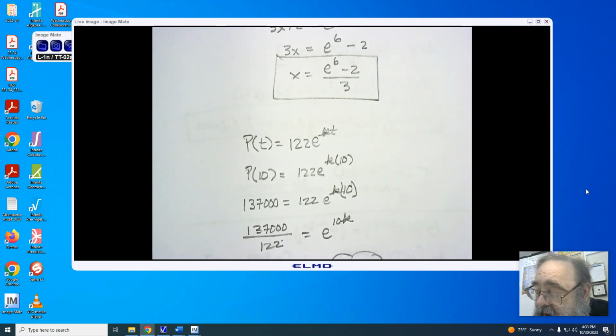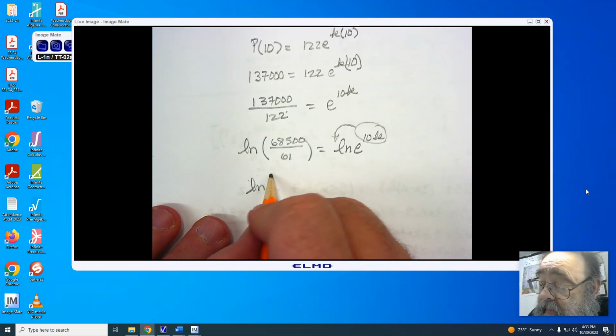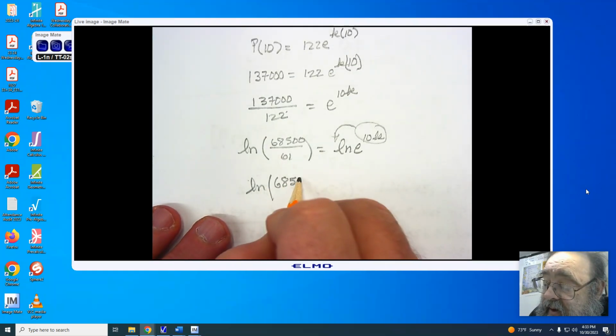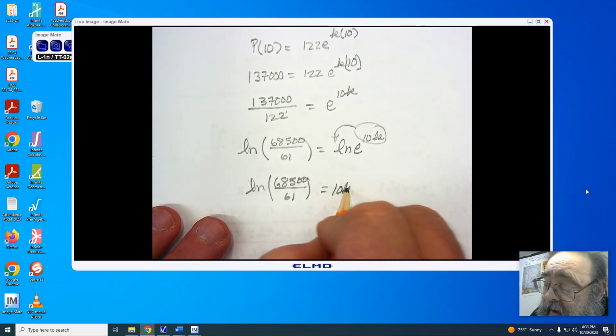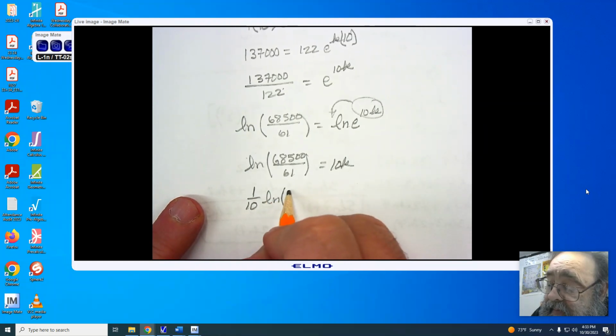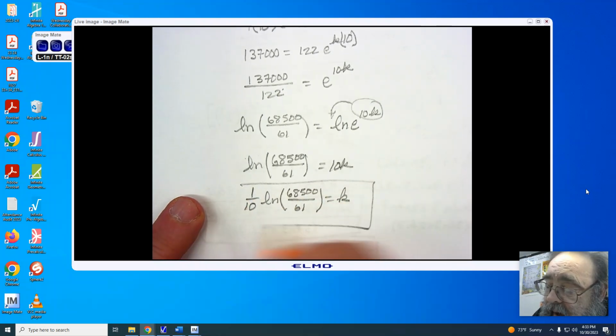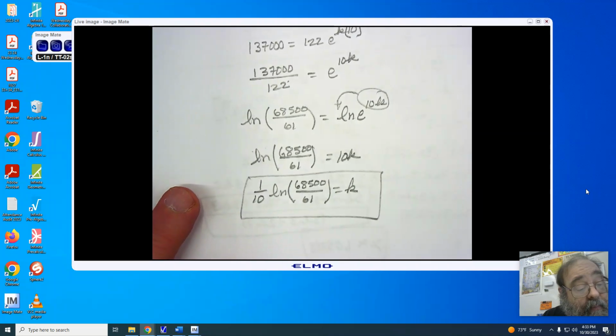So this will give me natural log 68500 divided by 61 equals 10k, and therefore 1/10 natural log of 68500 divided by 61 is k. And that's what they're asking for.